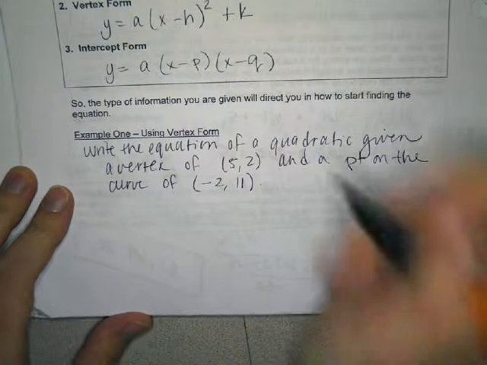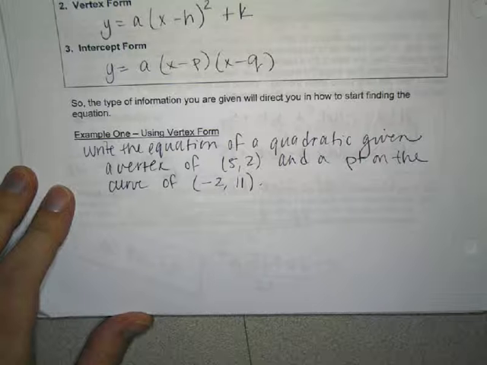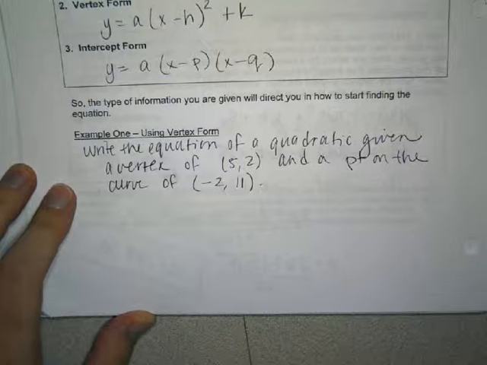Okay, so they give us 2 pieces of information. Almost always you're going to have to be given 2 pieces of information in order to make this work. They give you a vertex and a point on the curve.